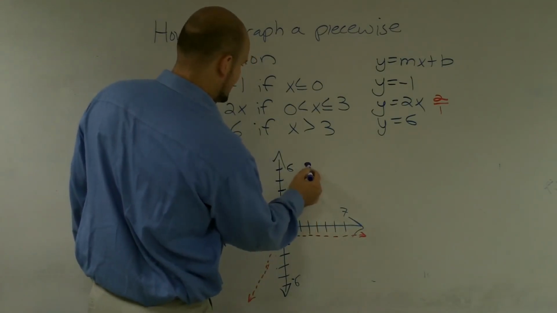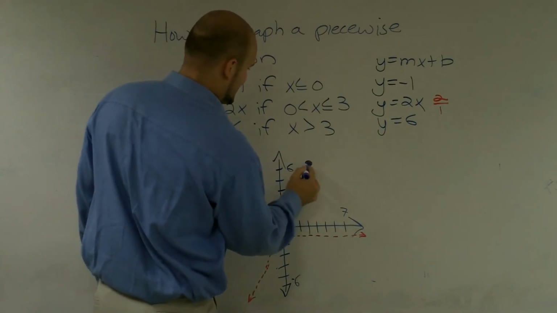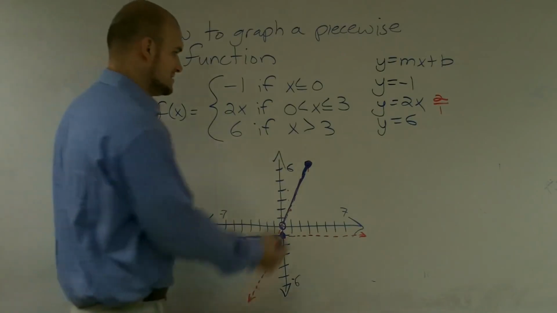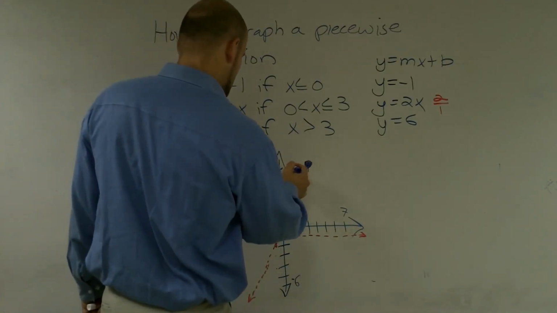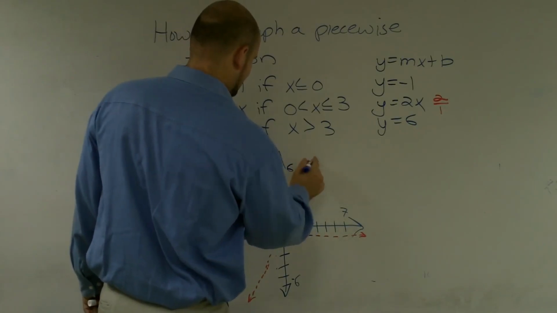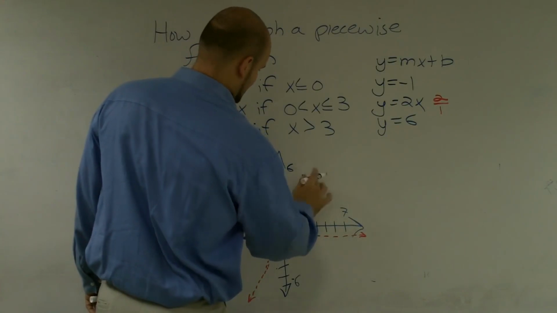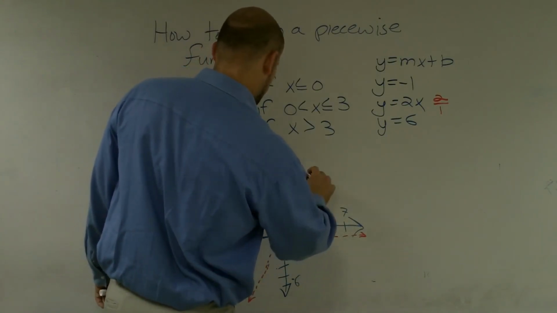That dot really should be up there. Sorry guys, I don't have graph paper on my board, so I've got to be as close to proximate as possible. And x would be at 3. One, two, three.